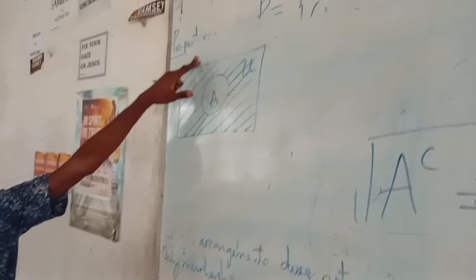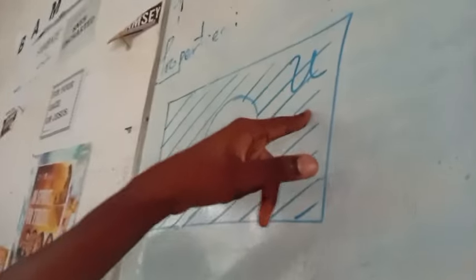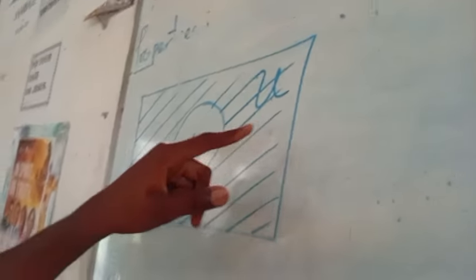Now, okay, this type of diagram is the Venn diagram. But who can tell me what this one represents? This is the universal set, and this is set A, right? Now, what does this one represent? Complement. From this side, you go. A complement.